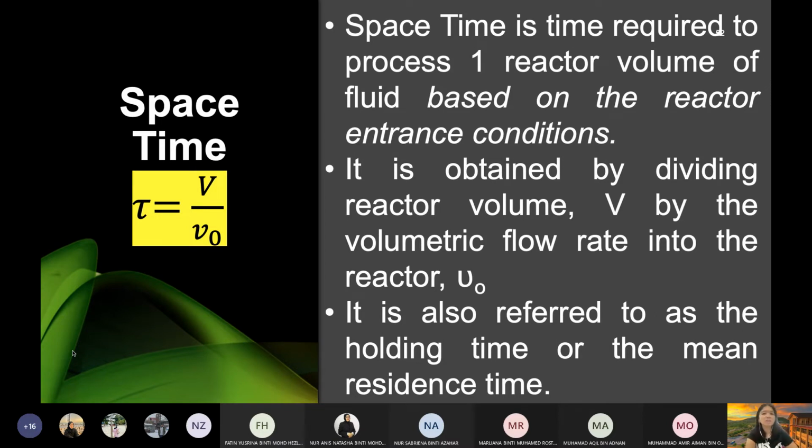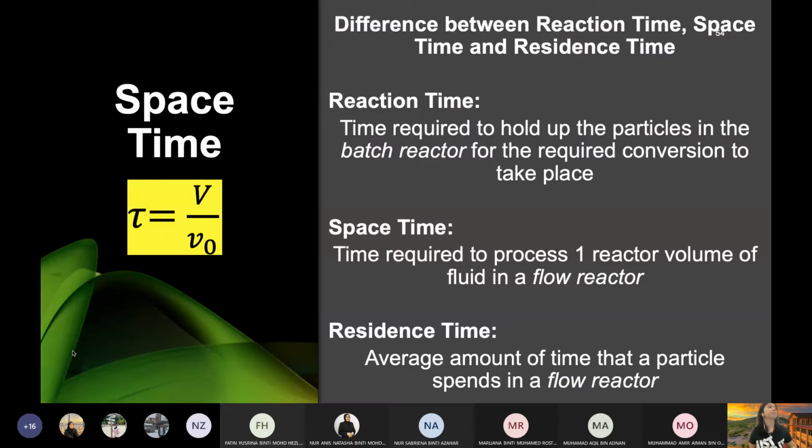So kalau kamu kira space-time, 4 divided by 0.5, you get 8 seconds. So now space-time dia jadi 8 saat. Means tadi 4 saat terlalu cepat, kamu slowkan flow rate, space-time jadi 8 saat. Dia means dia tinggal lebih lama sikit, dia tinggal 8 saat sebelum dia mengalir keluar. So that's the concept of space-time.